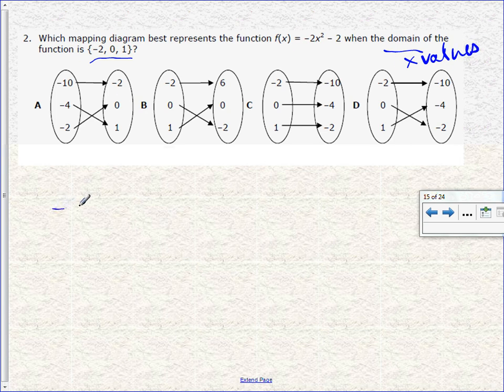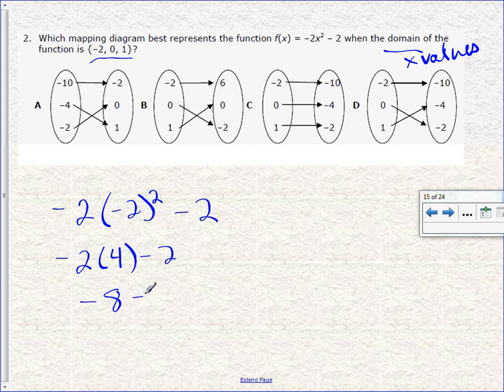Negative 2 squared is just 4. Negative 2 times 4 is negative 8. Negative 8 minus 2 is negative 10. Which of my answer choices has y value negative 10? C or D, which means I can cross off A and B automatically.